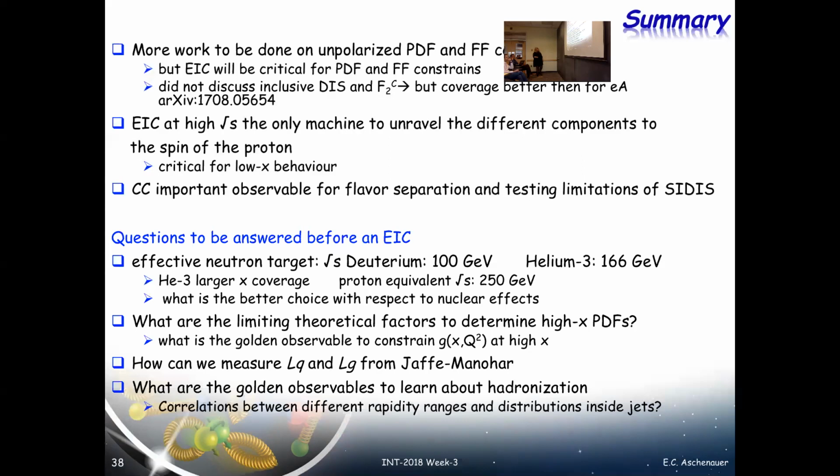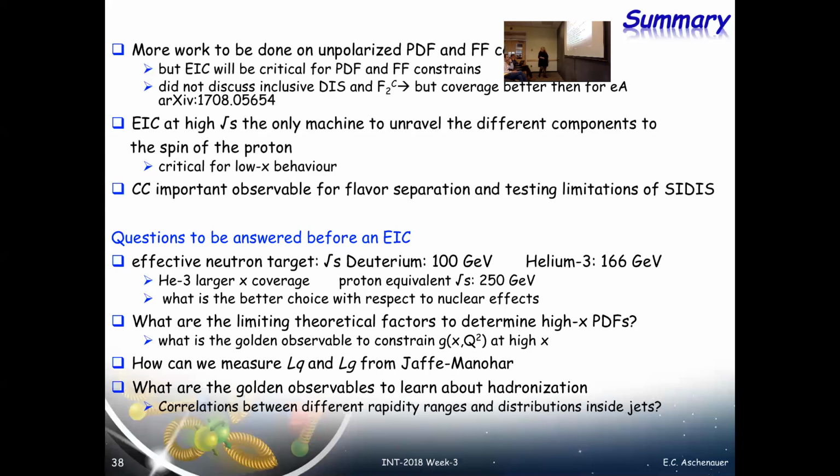So for deuterium, you will have only half of the kinematic coverage that you have for protons. So the question is, what is it you want? I would even challenge, do we need neutrons for some of the things? Or can we do that with charged current and the proton only? But that is a study which needs to be done. What needs to come from the theorists is, what is the better choice with respect to nuclear effects between deuterium and helium-3? I have no idea.